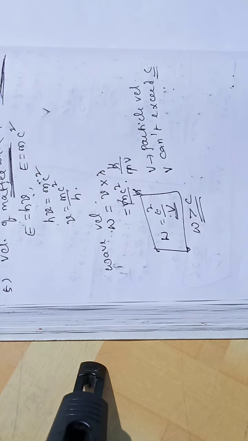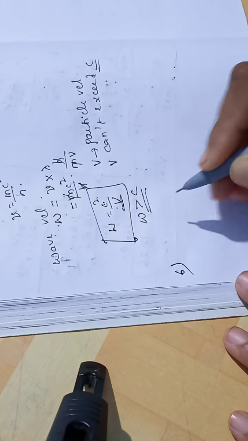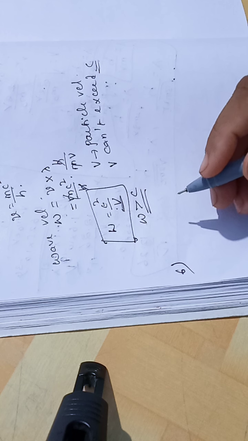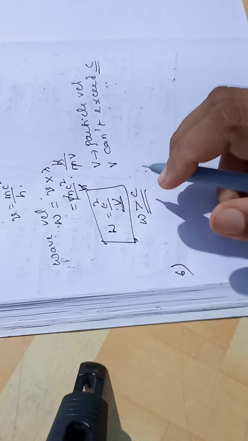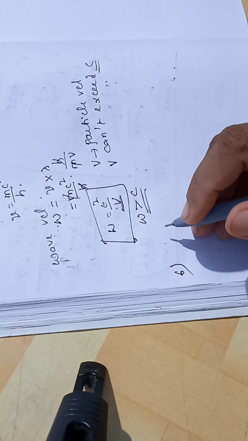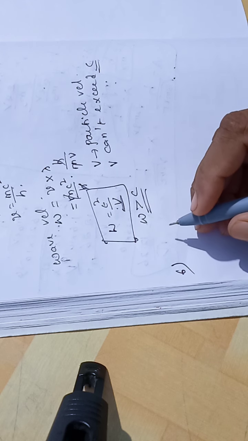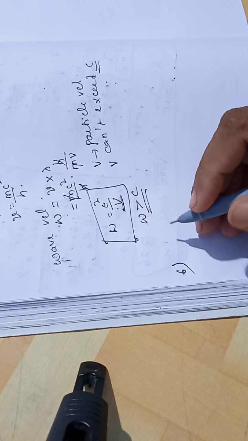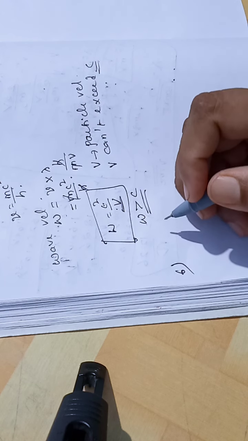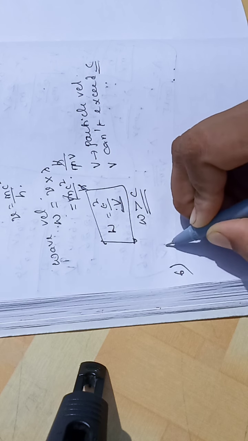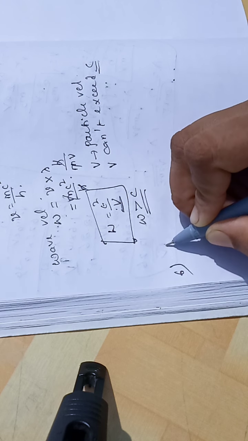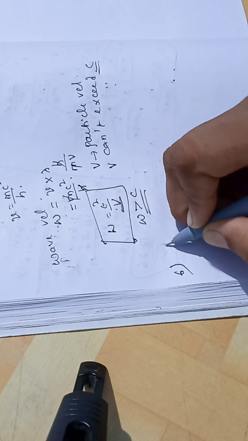Now the sixth property says that the wave and particle nature of moving bodies can never appear together. Already in my last video I said that simultaneously we cannot find the particle as well as wave nature of a particle.